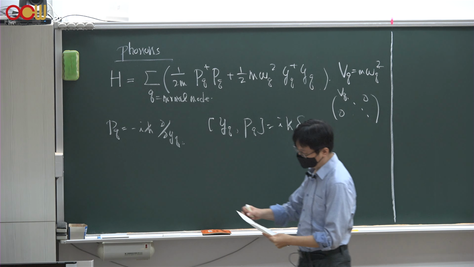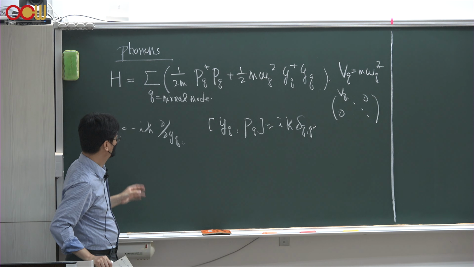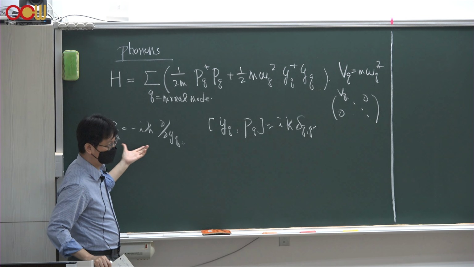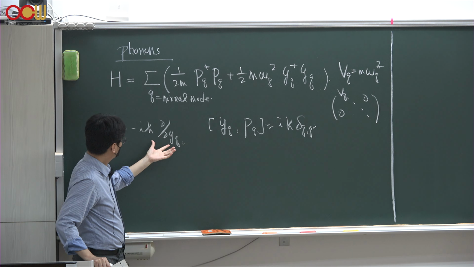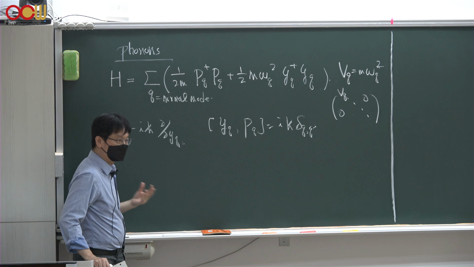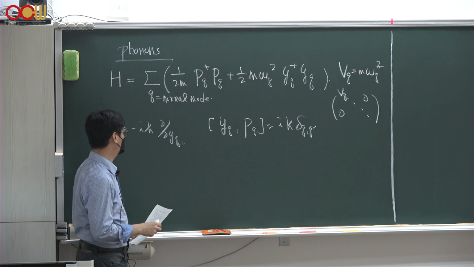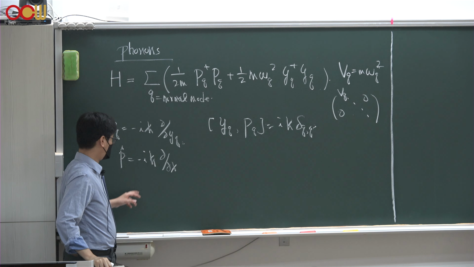And also we defined in the last lecture the normal mode momentum operator, which is the same definition, which is minus i h bar partial derivative with respect to yQ. This is the same definition as we defined the usual momentum operator in, say, xyz coordinates.